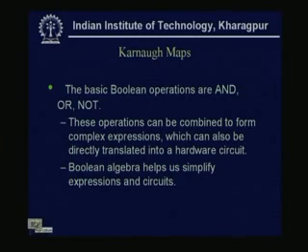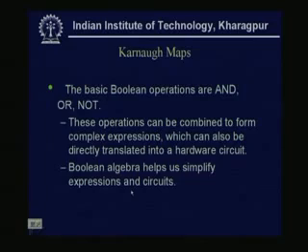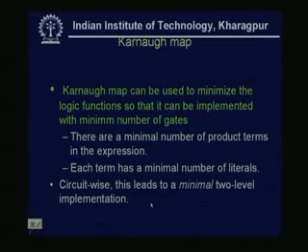Now, today we will read some rules or methods, and this is called the Karnaugh map. First we define the Karnaugh map. A Karnaugh map can be used to minimize logic functions, so that they can be implemented with a minimum number of gates.